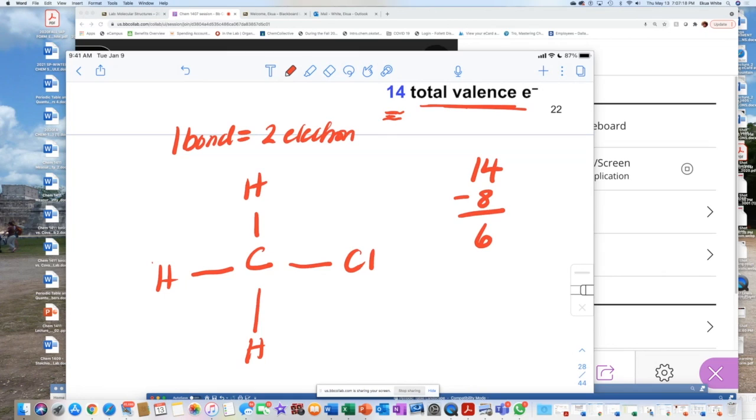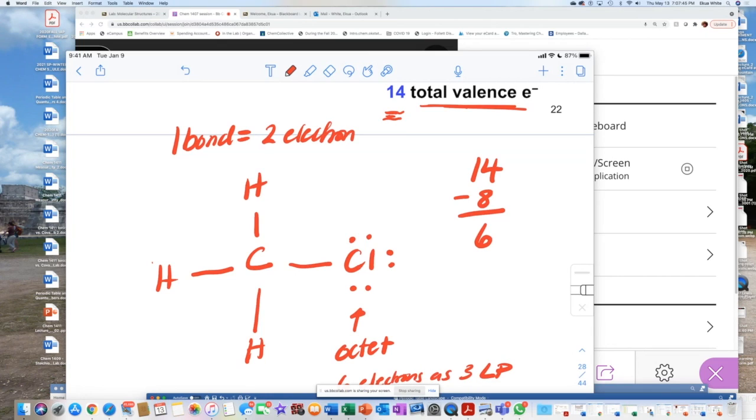You do so by adding 6 electrons as 3 pairs of electrons to the outer element that's not hydrogen. So by placing these 3 pairs here, now this chlorine has an octet of electrons. How? 6 electrons as lone pairs.